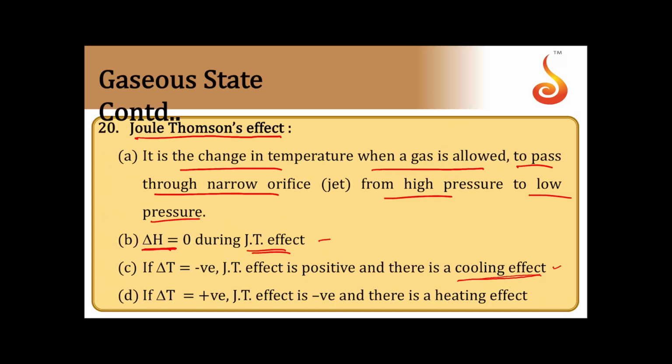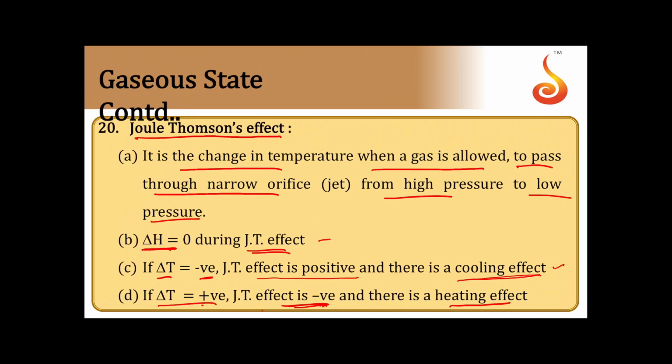If it is having a cooling effect, we say that it is a positive Joule-Thomson effect. Delta T means we can see a decrease of temperature. Suppose temperature has increased, so delta T is positive, then that is said to have a negative Joule-Thomson effect, that is, a heating effect.